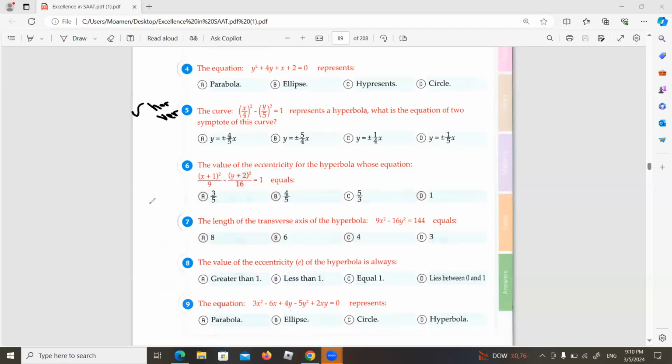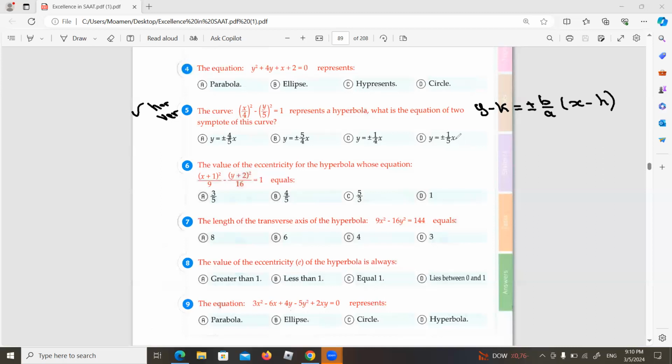So it's horizontal from the beginning, so the equation of the asymptote will be y minus k equals positive or negative, what over what? Excellent. It's b over a. In the case of vertical, it will be a over b. This is the difference. Times x minus h.